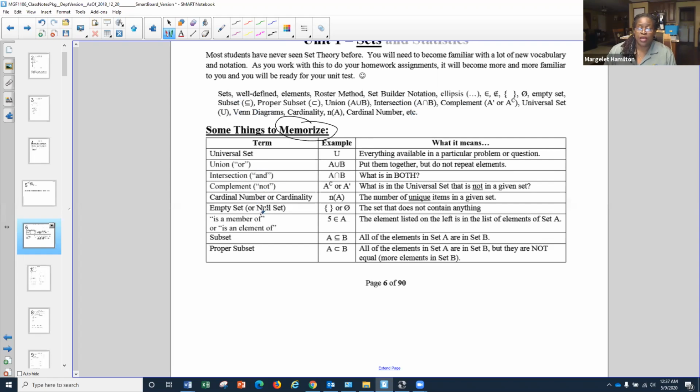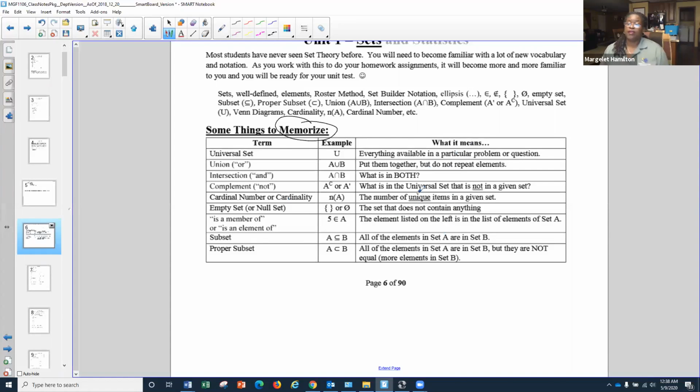So here's our table. Again, I gave this to you in the flashcard setup sheet. Here it is, the beginning of your lesson. You need to know the words, the alternate wording, the corresponding symbols to go along with the wording, as well as what they mean or the definitions.